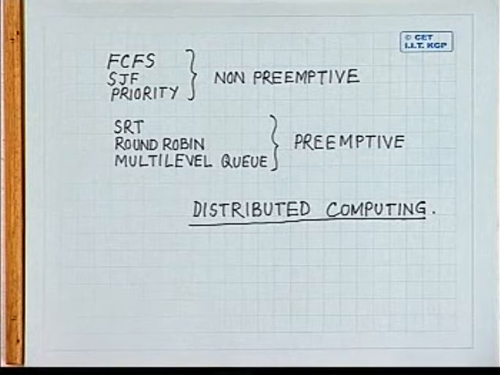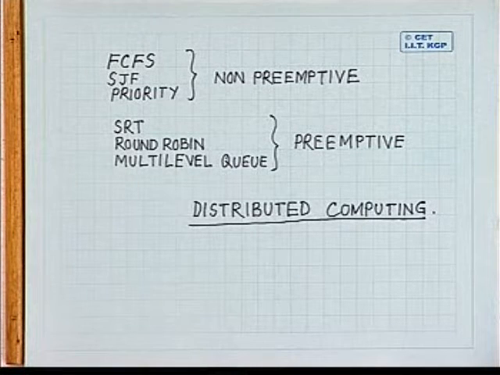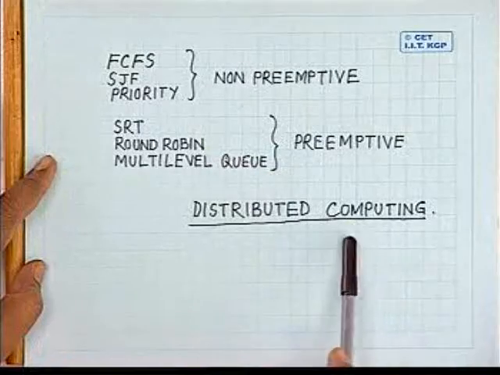So here the situation is different. In the earlier case, we had one resource and multiple processes among which the resource is to be shared. Now what we have is multiple resources and multiple requirements.